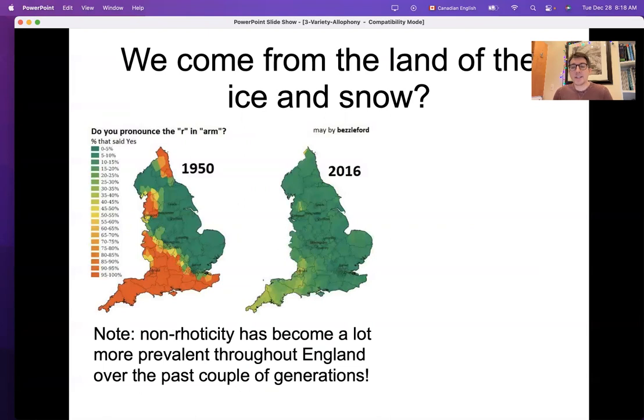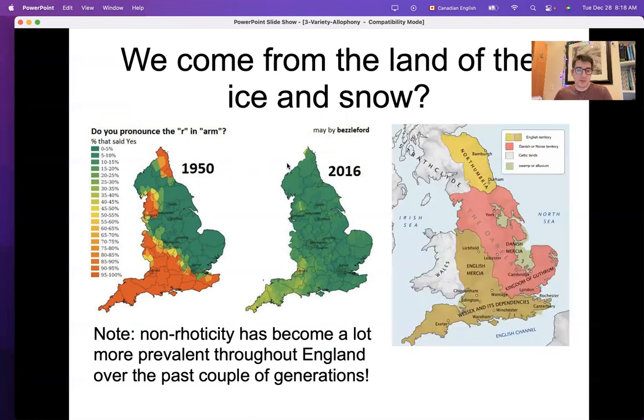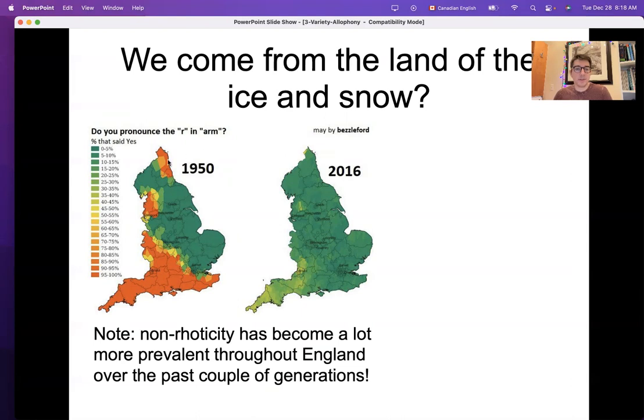One interesting fact about England itself is that the change occurred from the 1950s to 2016, which this graphic shows. For example, in 1950, the majority of people, or not the majority, a great deal of people said that they would produce R in arm.